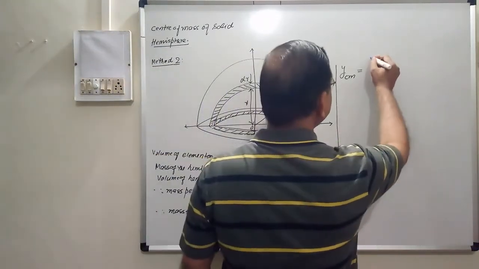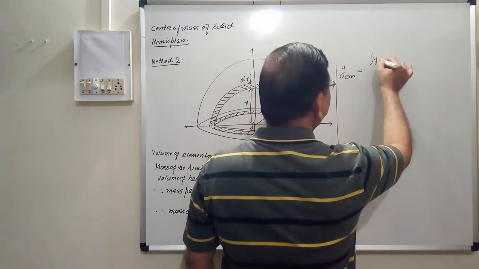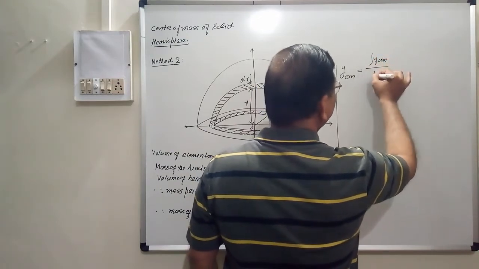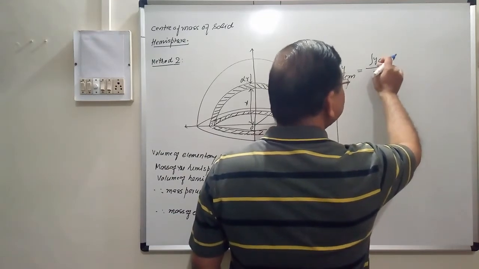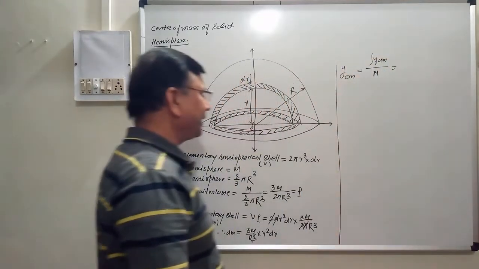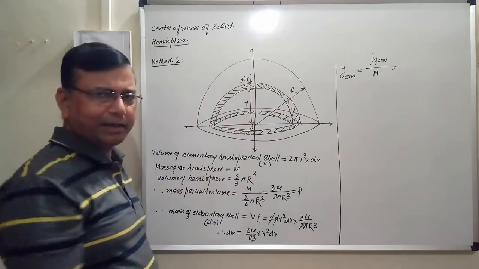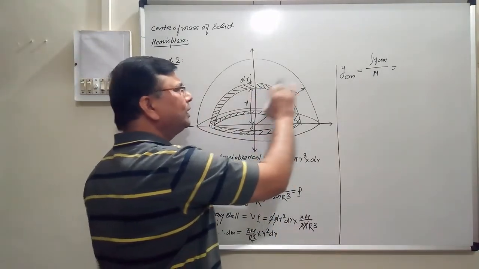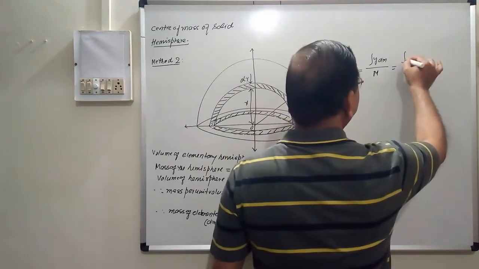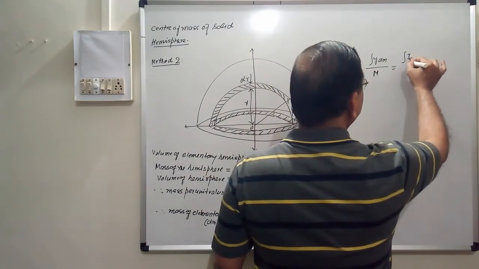So ycm means this is integral y dm upon m. And what is this y? Y is the center of mass of dm. Dm is the mass of this hemispherical shell, and the center of mass is at r by 2. So in place of y, I will write r by 2.